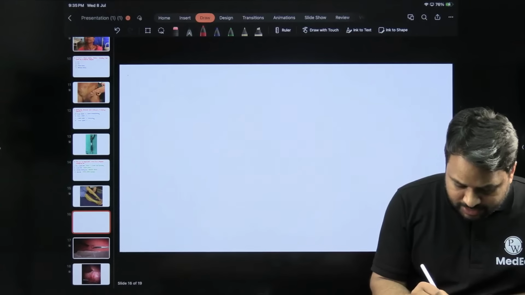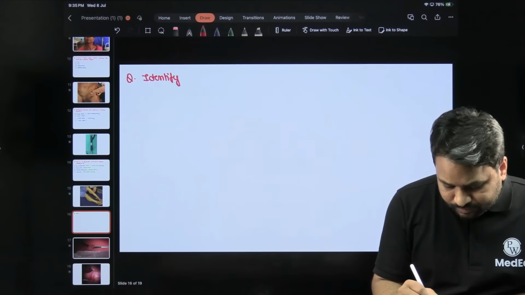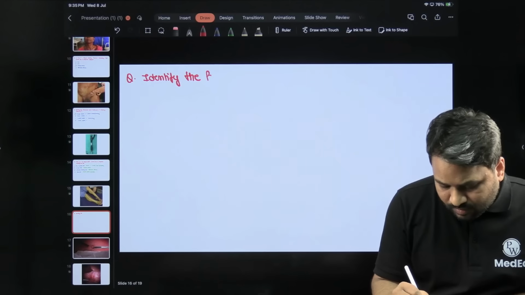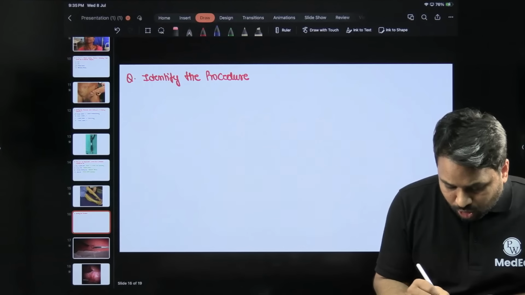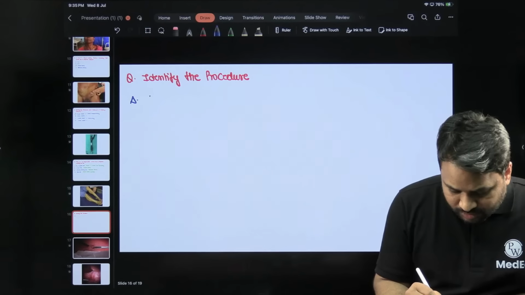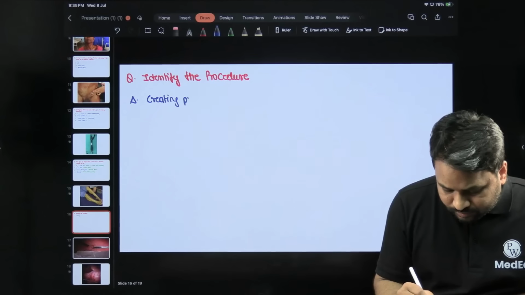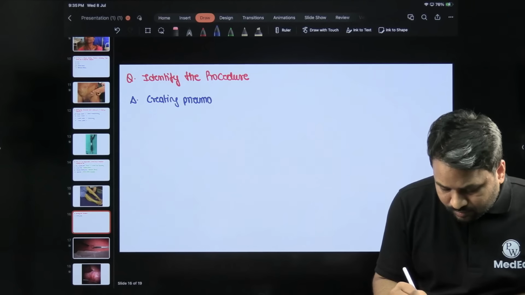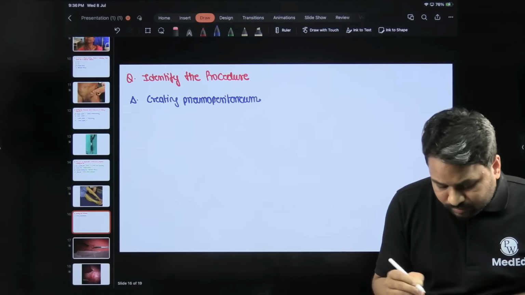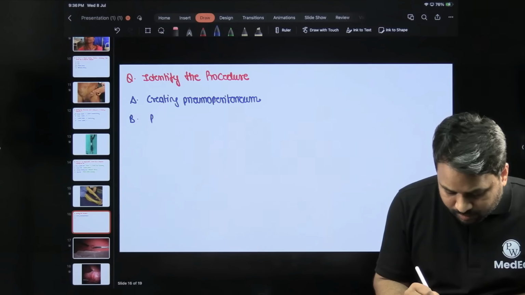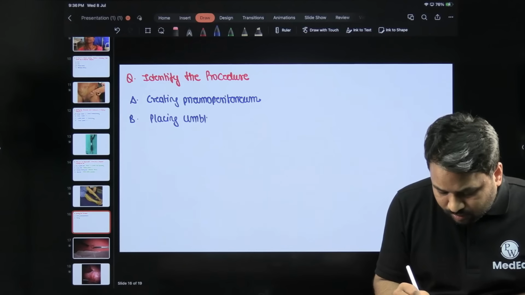The next question is, identify the procedure. Option A, creating pneumoperitoneum. Option B, placing umbilical port.